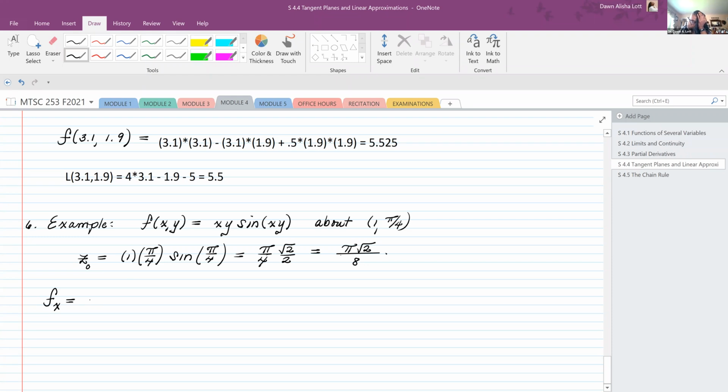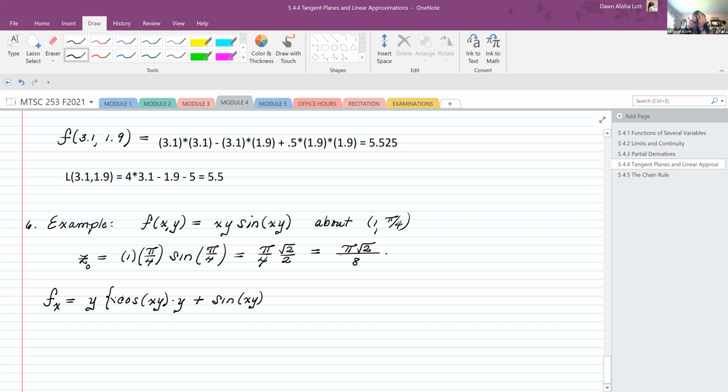All right, so f sub x, let's pull the y out and then do a product rule. So we get the first, x times the derivative of the second, which is the cosine of xy times y, plus the second, sine of xy, times the derivative of the first.